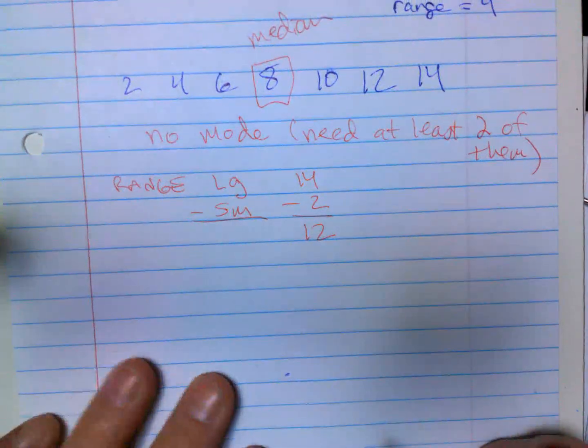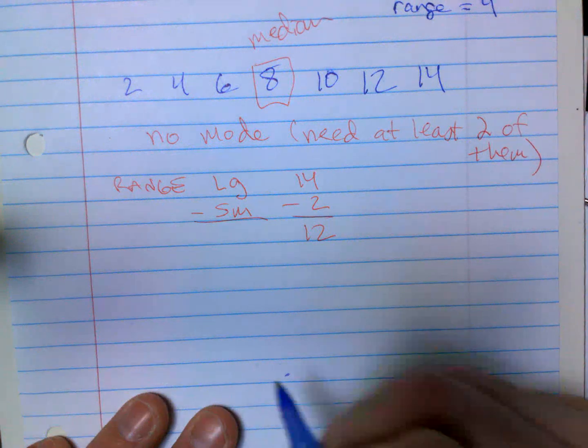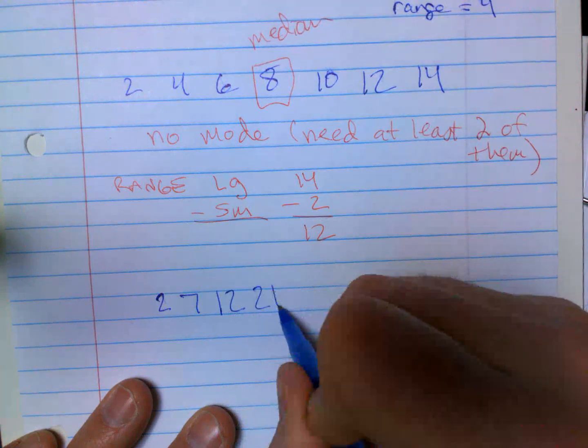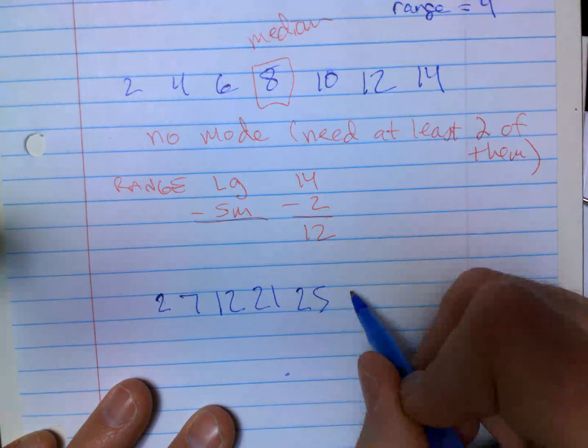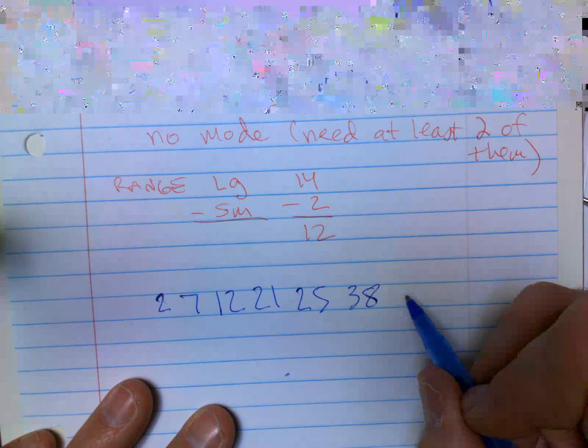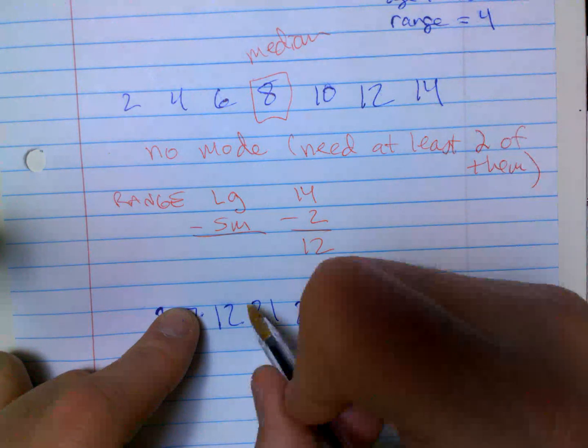All right, let's do one where we have ties, okay? So let's see. 2, 12 and 38. Oops, there's a tie for the middle, okay?